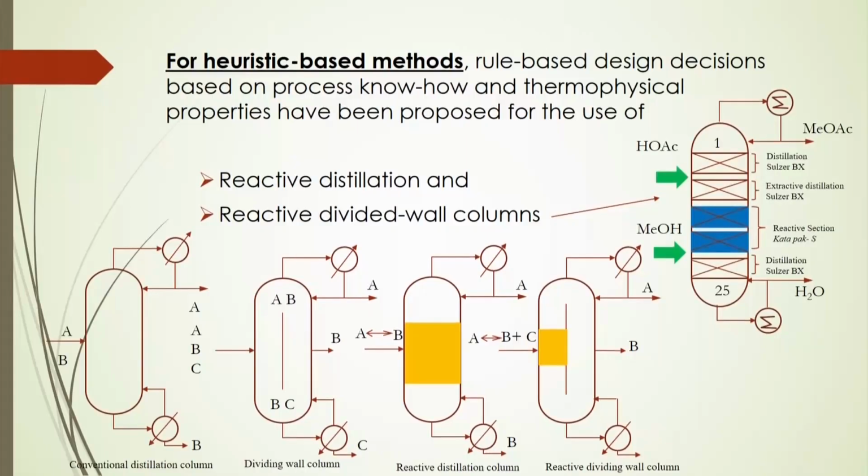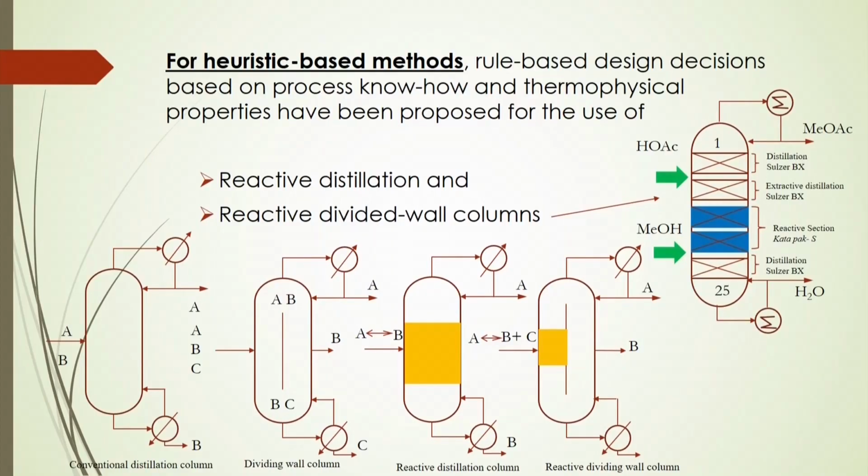Another important example: suppose you are going to produce methyl acetate from a methanol and acetic acid mixture. First of all, you have to allow the reaction of methanol and acetic acid, and whatever products come, that product should be separated by a distillation process or extraction process. First extraction and then distillation.